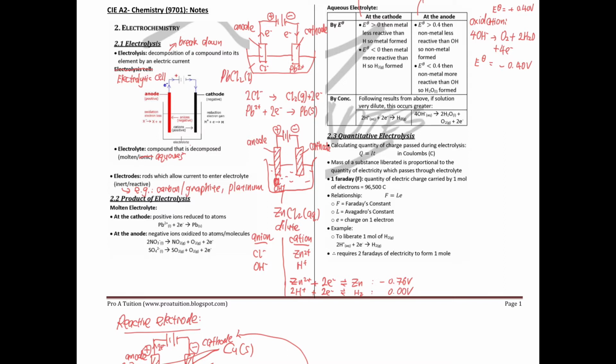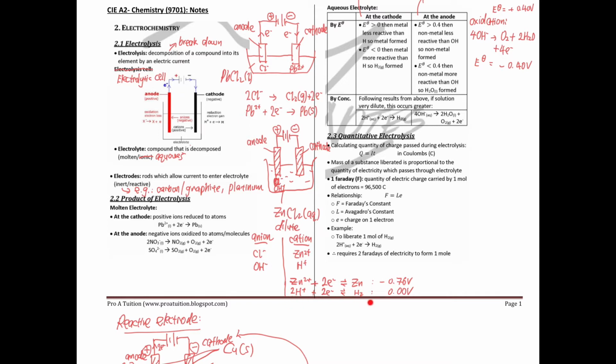So we have to take it in this way. It depends on the E theta. Whoever has a more positive value, remember this, means there is a higher tendency for the reaction to go forward.